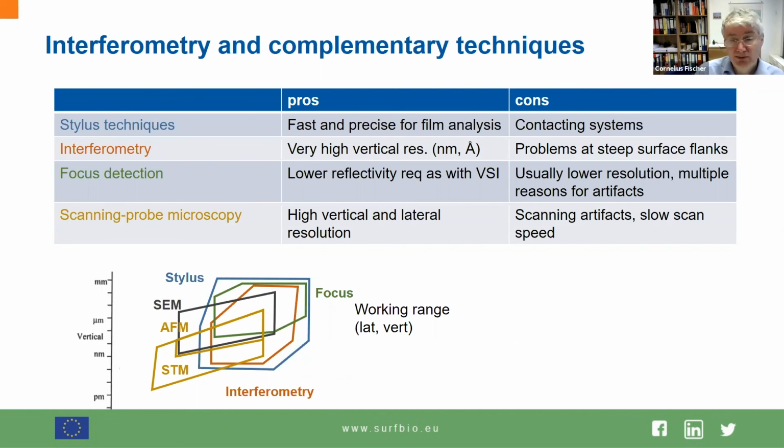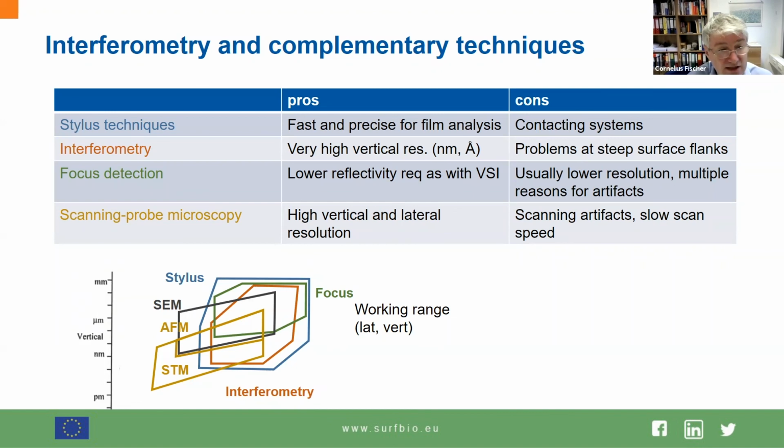Okay, so let's just summarize things and put it into a context of different kinds of surface sensitive techniques. In the end, one of the major motivations is interferometry. It provides a very high vertical resolution. There are also some issues that I did not discuss today, with steep surface flanks and artifacts that can appear. That's something that really depends on your kind of sample material.